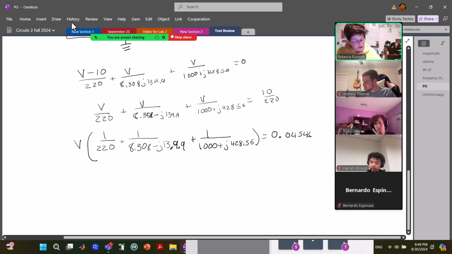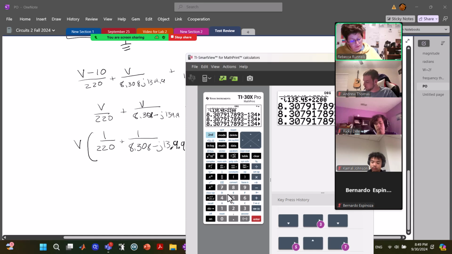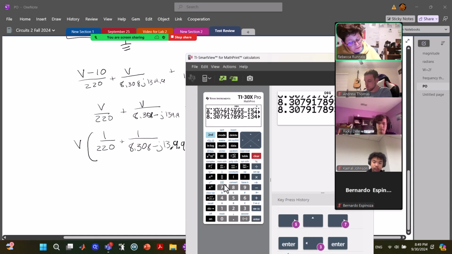So I just factored the V out, and now, because my calculator is awesome, I can just add these together.